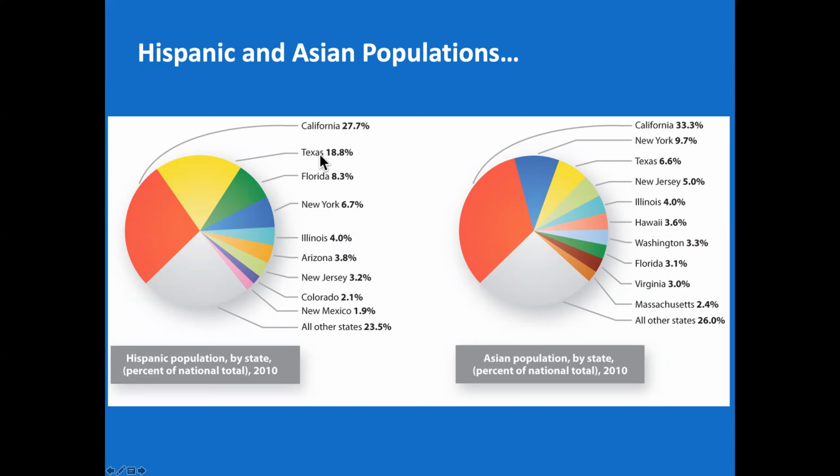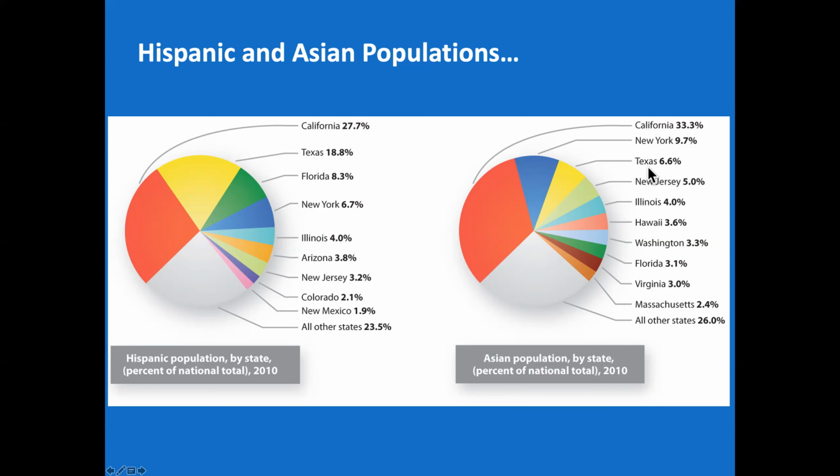If you're from Texas, the majority of Latin American or Hispanic background people are clearly Mexican because it shares a border with Mexico. Same thing with California, Arizona, and of course, New Mexico. Asian populations by state tend to be dominant in California.